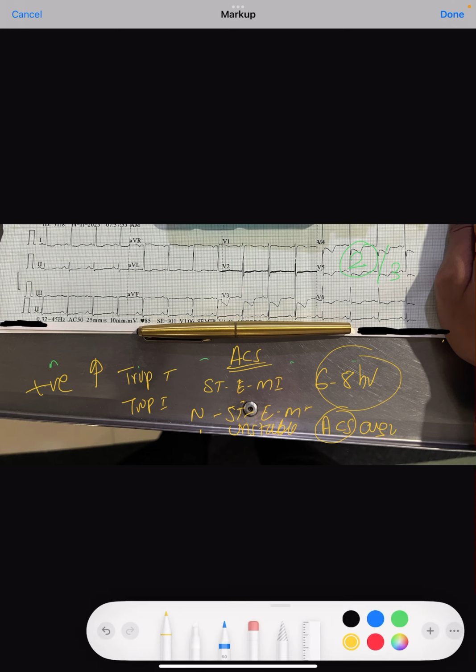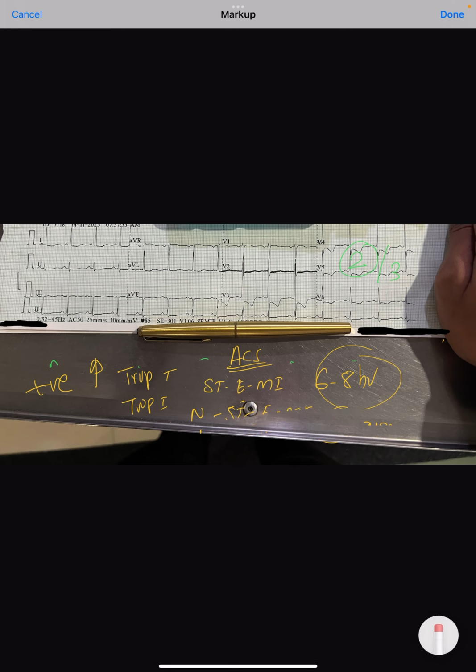So it's very simple. Patient presenting with chest pain, if the patient has ST elevation, the patient has ST elevation MI.